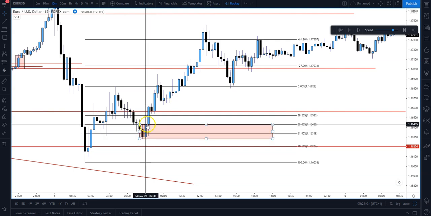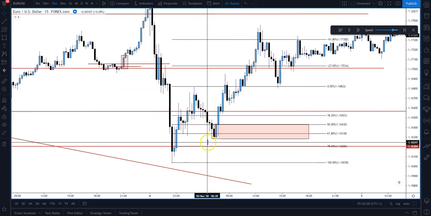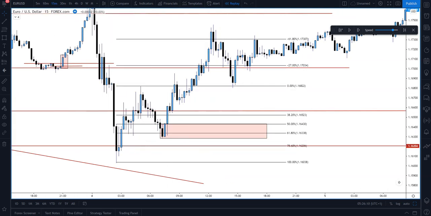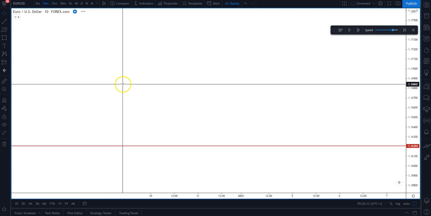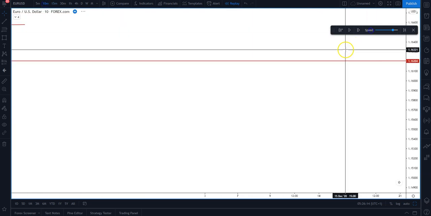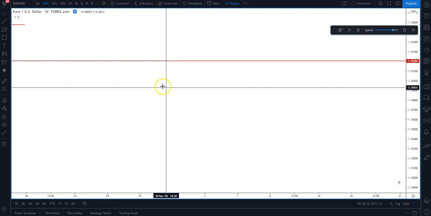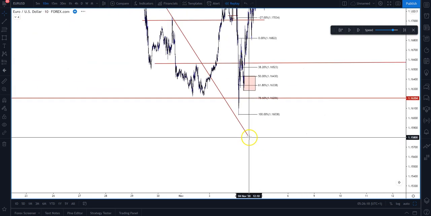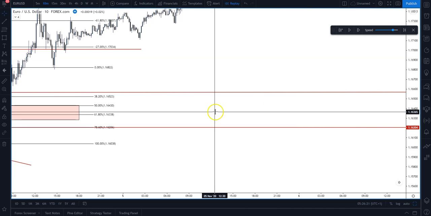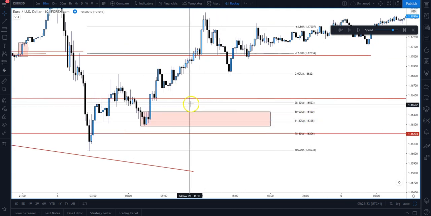Nice little order block. As long as it crosses above here, I can enter that trade. So if I go down to a lower time frame, where are we at? It's the 10-minute time frame, right?